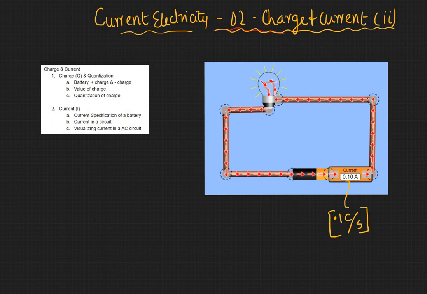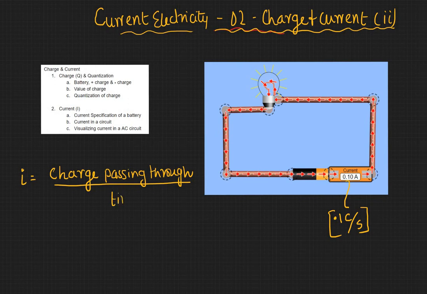In general, the current is defined as the charge passing through divided by the time. Usually we take a very small section of time, so we say it is dt.